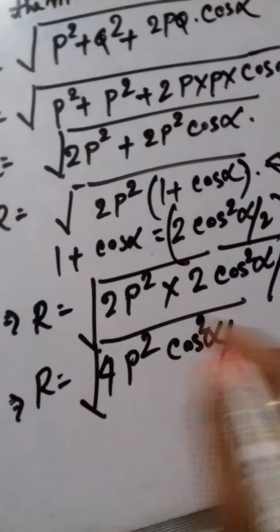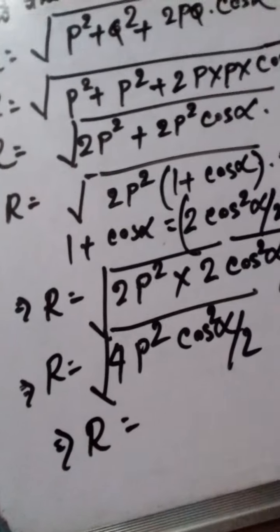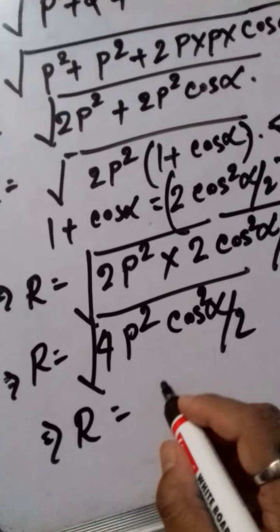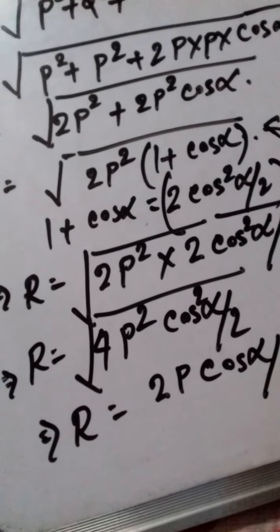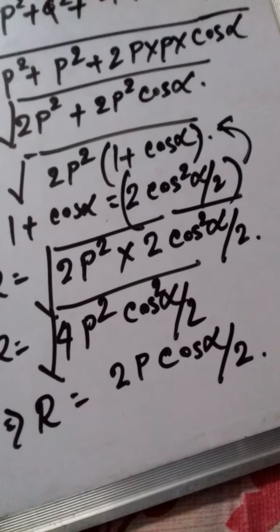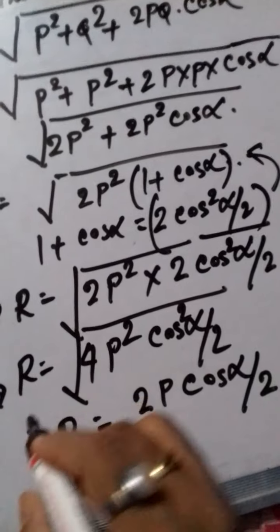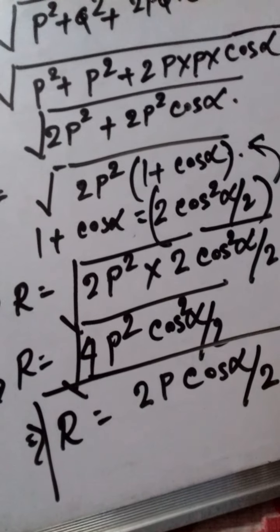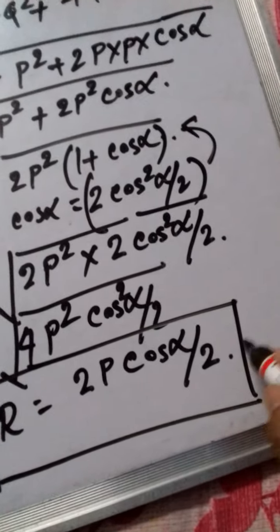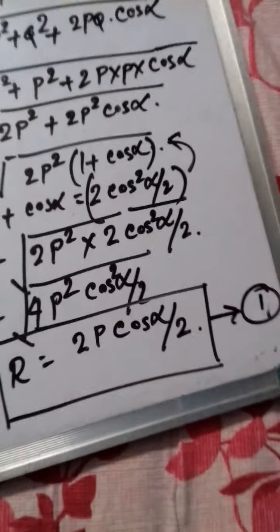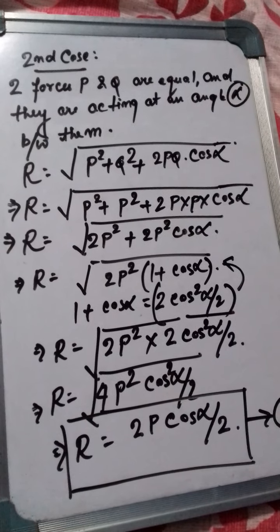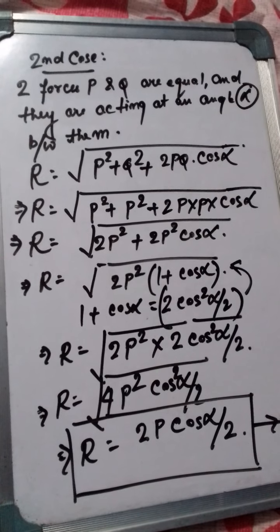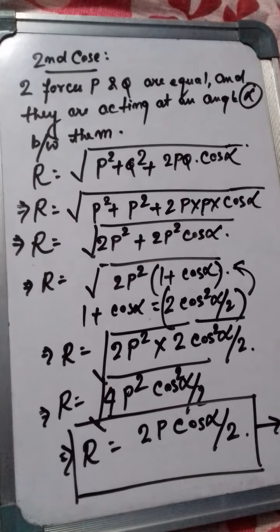If you take it outside the square root, it is very easy, R is equal to 2P cos alpha by 2. So this is the magnitude of the resultant when the two forces are equal and they are acting at an angle alpha between them.